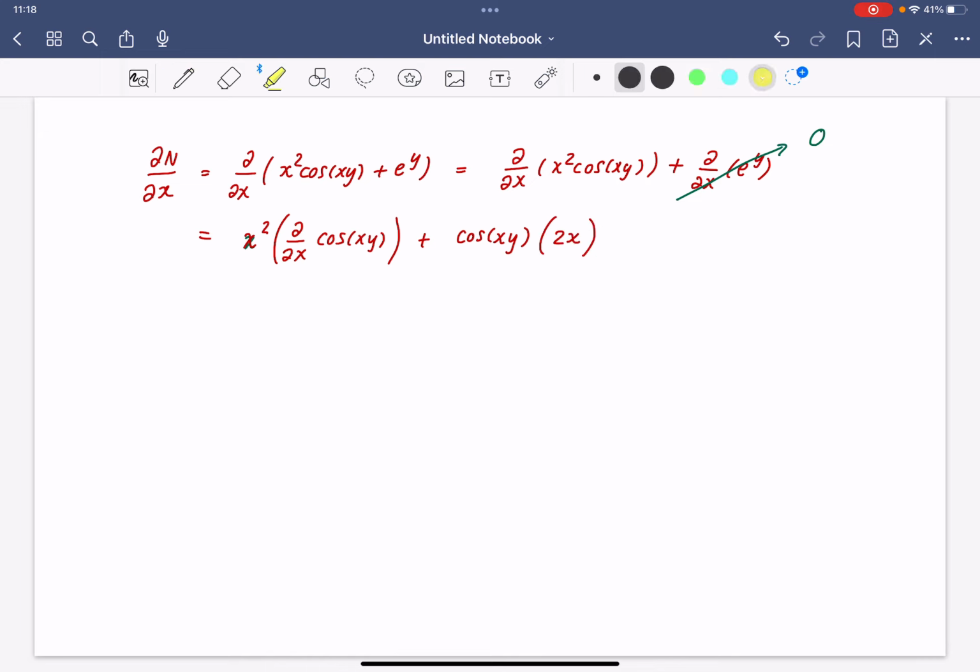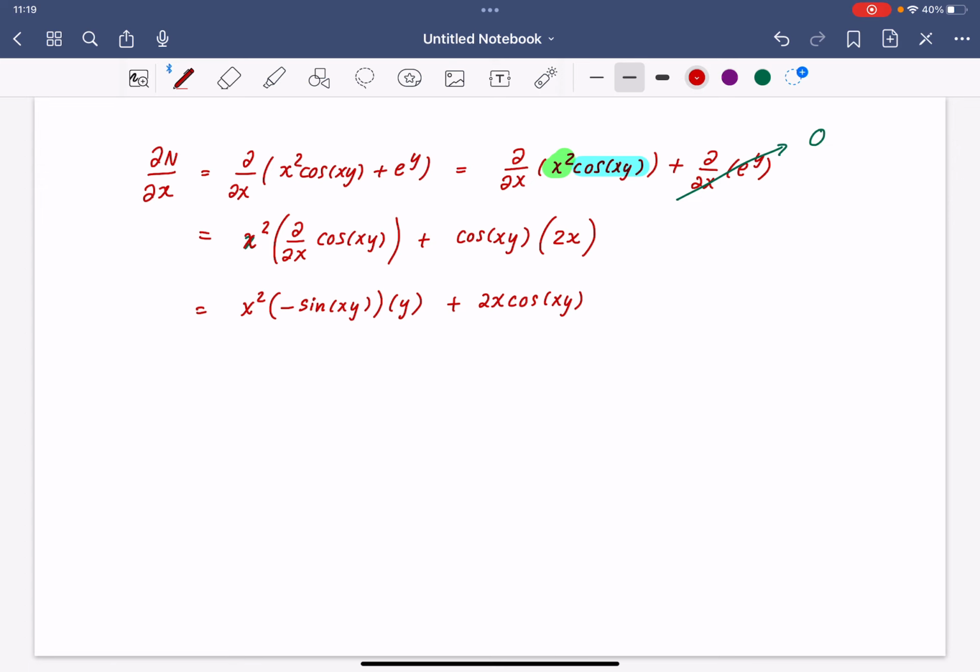So u times v, you get u dv plus v du, right? And then now you differentiate x squared, differentiate cosine, you get negative sine. And then by the chain rule, you're going to have y as well because this is like the constant inside there. And then plus 2x cosine xy.